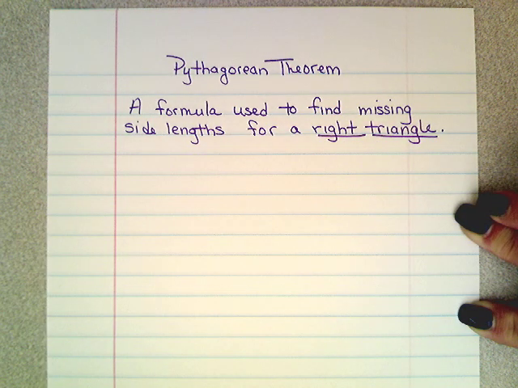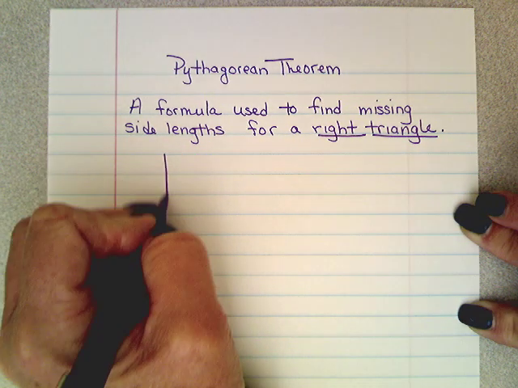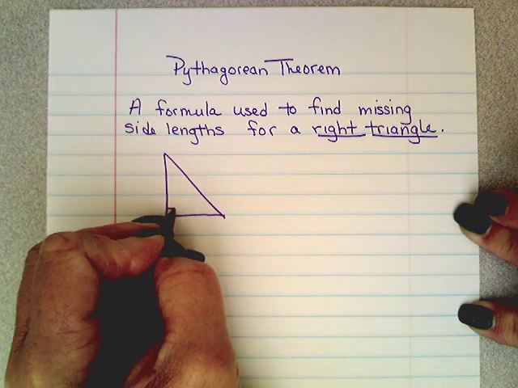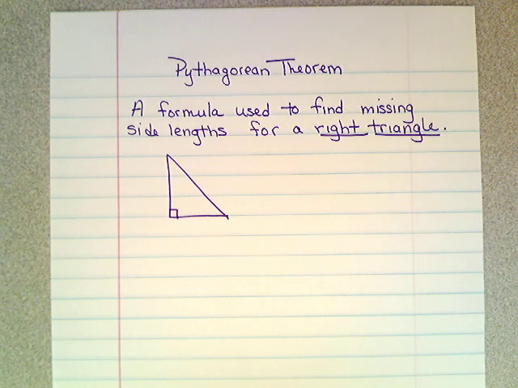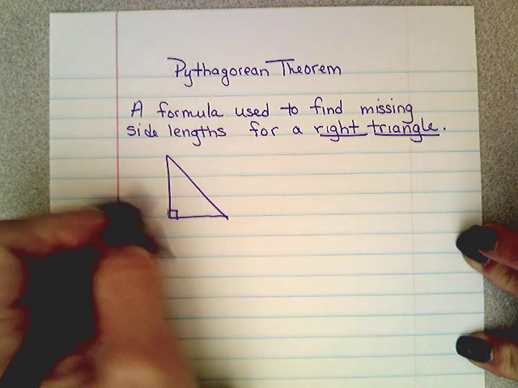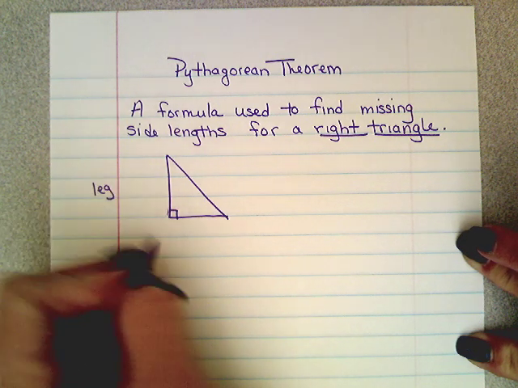This is only used for a right triangle. So I will make my right triangle. The two sides where the right angle forms are called legs.